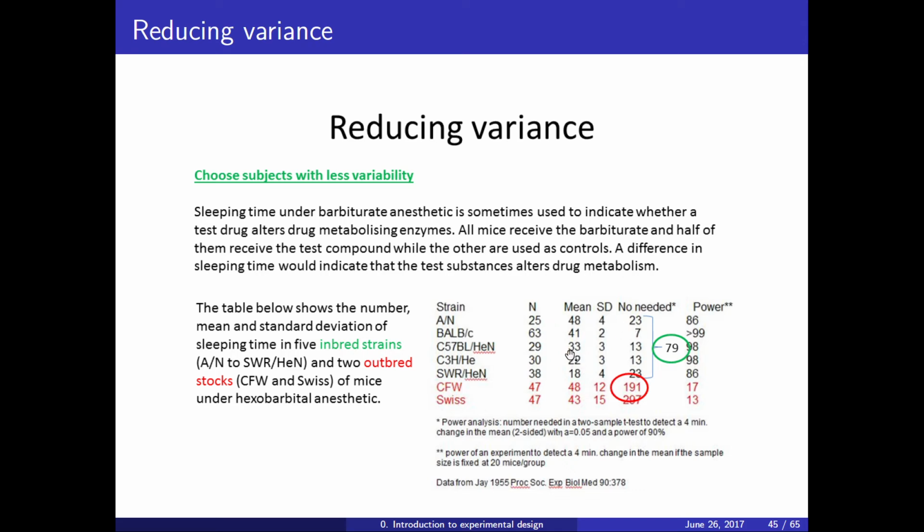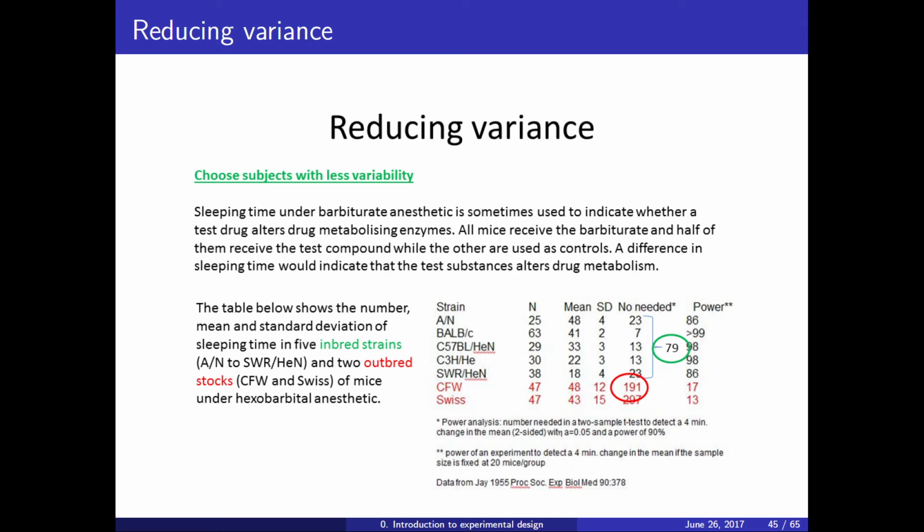So if you calculate the sample size that you need to detect a change of 4 minutes in the mean, when the variances are these ones, you will need 23, 7, 13 animals in each one of the groups, and you will have a relatively high power. If you sum all of these animals, you have 79 animals in total.